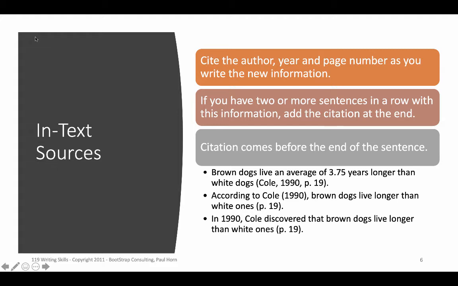So here in the second bullet, according to Cole, and then you can see I put the year, brown dogs live longer than white ones, page 19. I could have put them together, by the way. I could have put 1990, comma, page 19. And sometimes people actually like to put both the year and the author's name in, and all that's remaining to go into the parentheses, or what lots of people call brackets, is the page number.